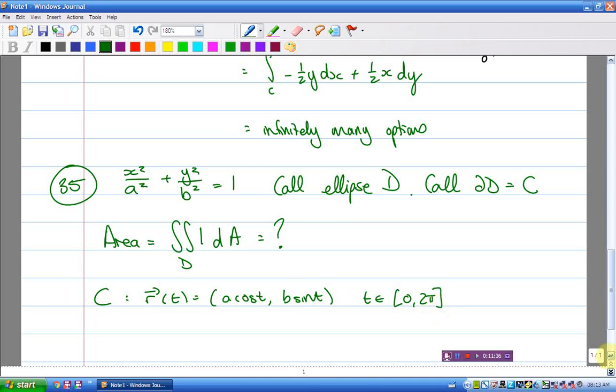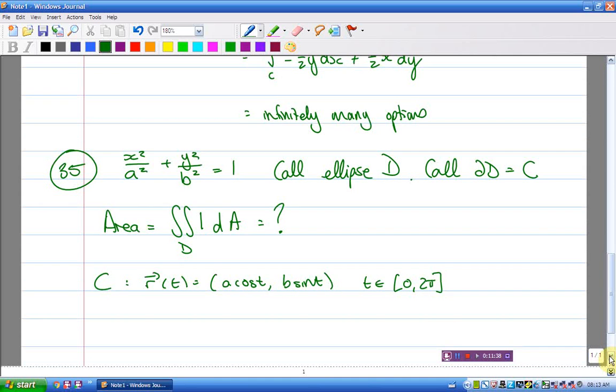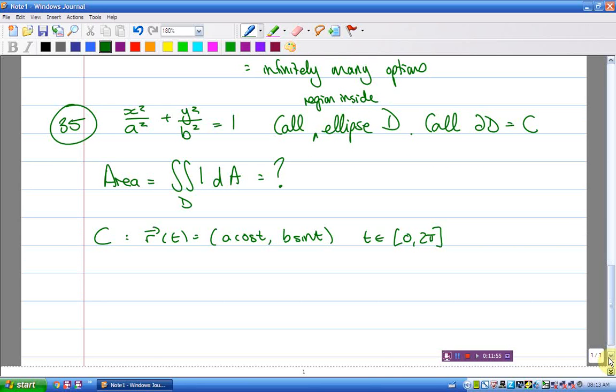Okay, that's parametrizing the boundary curve. I'm saying call the ellipse D, it's really the region inside the ellipse. The ellipse is the curve itself really, not the region within it.